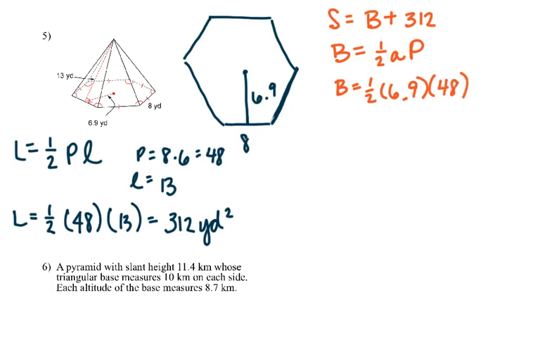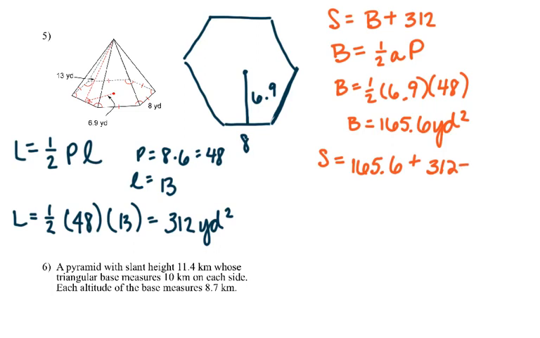All right, so the area of the base is 165.6 square yards. So our total surface area, 165.6 plus 312, is 477.6, and we are still in square yards.